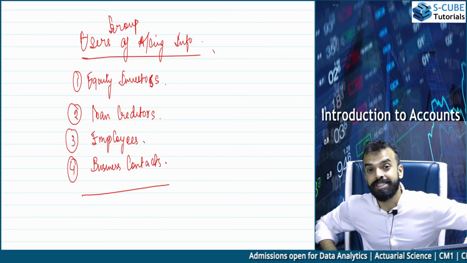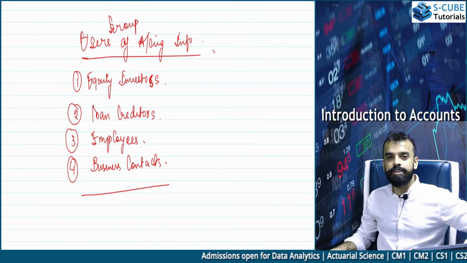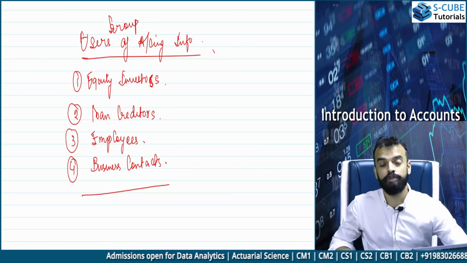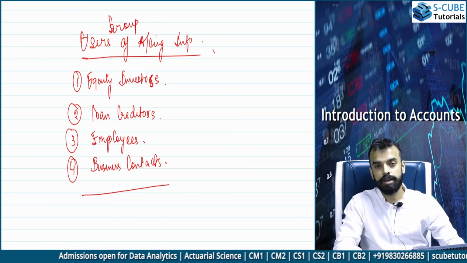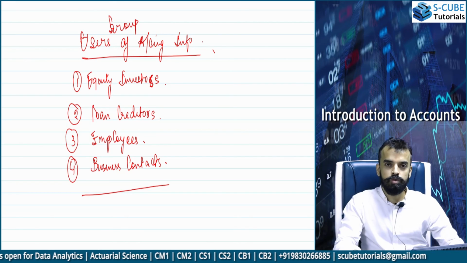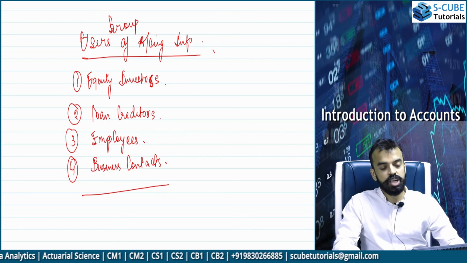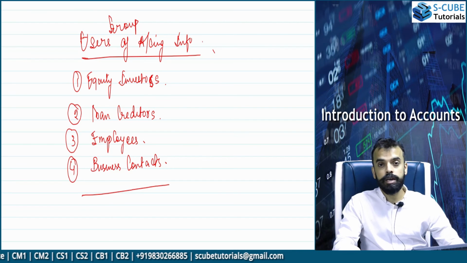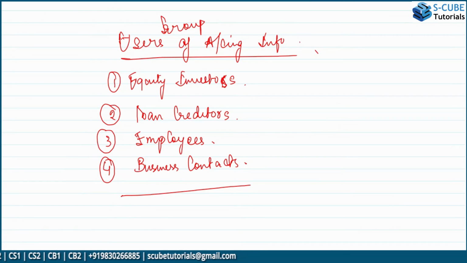Now what do I mean by residual stake? Let's say a company has 500 million USD worth of assets. Now such a company has, let's say, 300 million equity and 300 million borrowed capital.